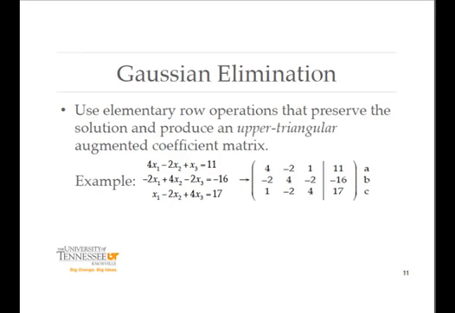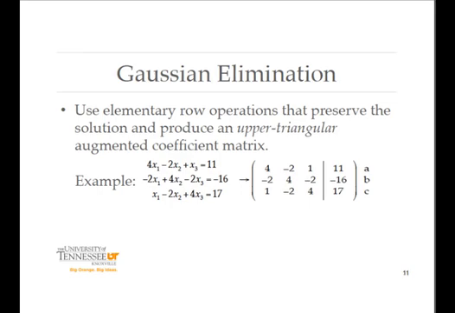But in this case, we're going to just directly operate on the original matrix and derive the solution as you would do mechanically, and then demonstrate how you could produce a Python code to do it for you. Again, what we're trying to do is produce an upper triangular augmented coefficient matrix to derive the solution by preserving the original solution with these elementary row operations.